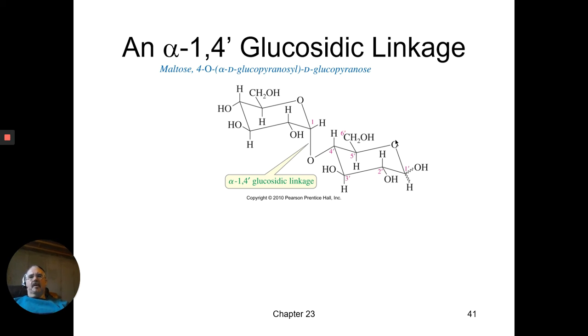Okay, this is an alpha 1 to 4 prime glycosidic linkage, and this is a disaccharide known as maltose. Okay, so again, this configuration is fixed, but then this ring can open and close.